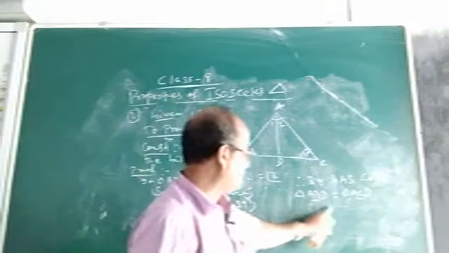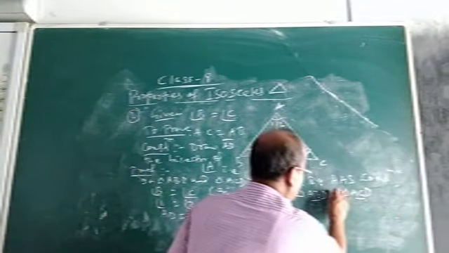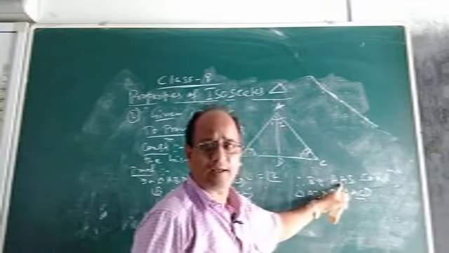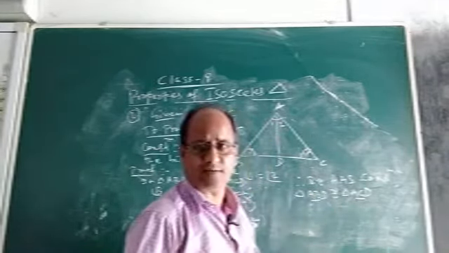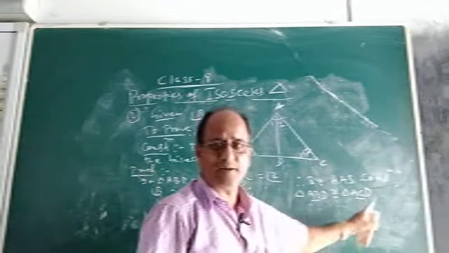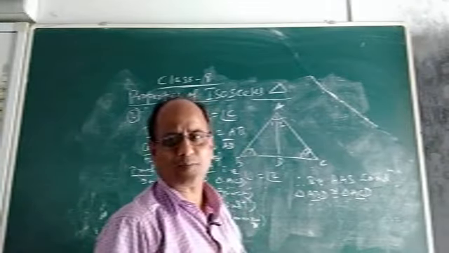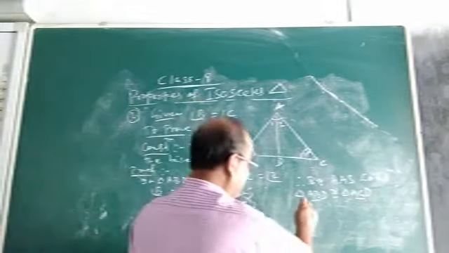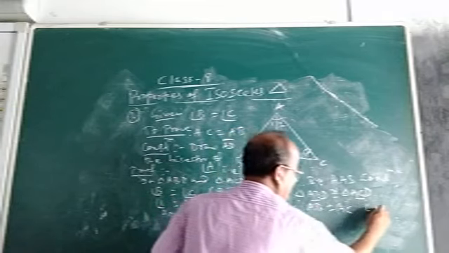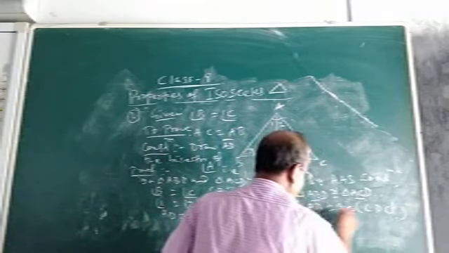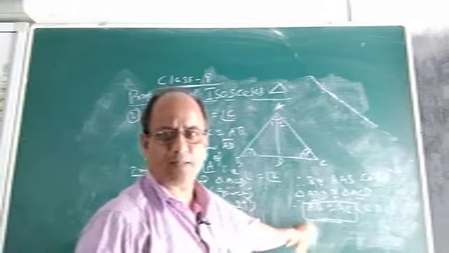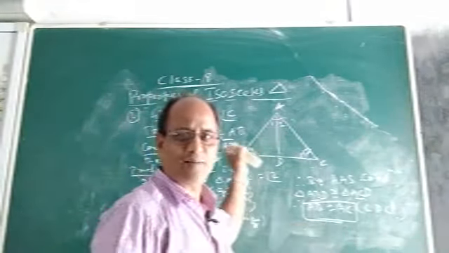So if triangle ABD and triangle ACD are congruent by the angle side congruence condition, then the corresponding parts, that is AB and AC, must be equal, because they are the corresponding sides of both the triangles. Therefore, AB equal to AC. What is the reason? The reason is CPCT. So we could easily prove that AB equal to AC if angle B equal to angle C.